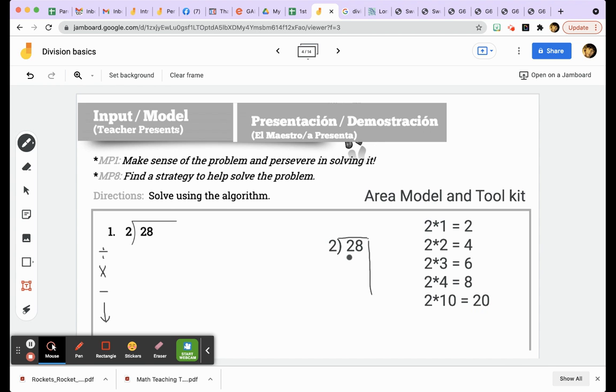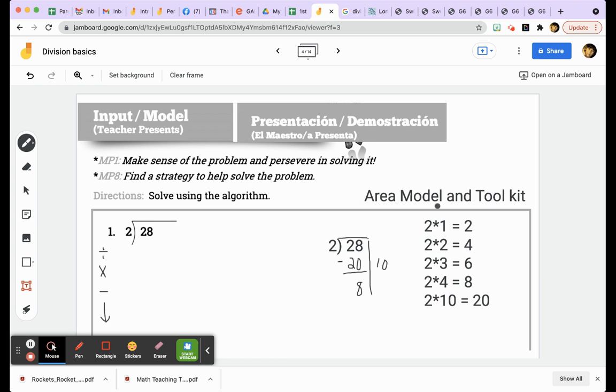So I'm going to put 20 under the 28, and this stands for 10 equal groups of 2. I'm going to subtract 8. 2 from 2 is 0.